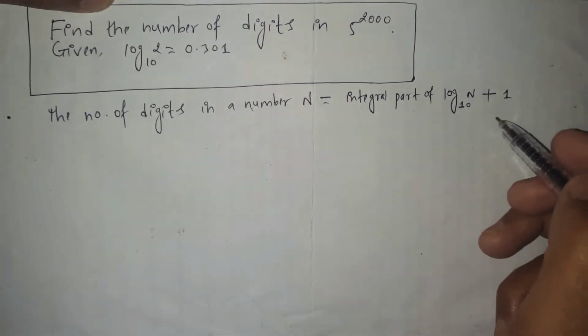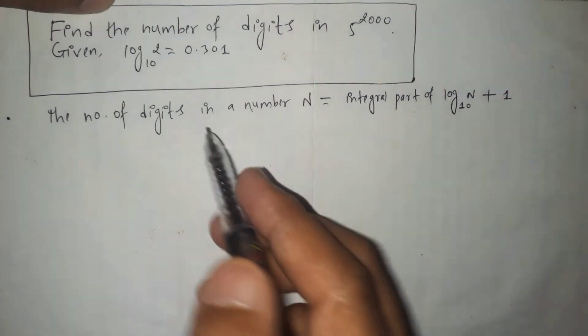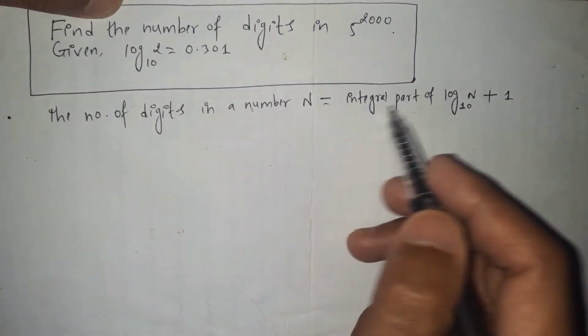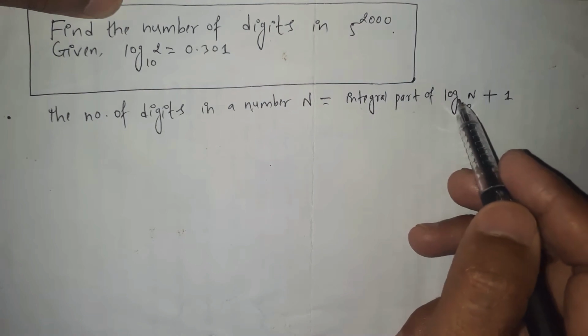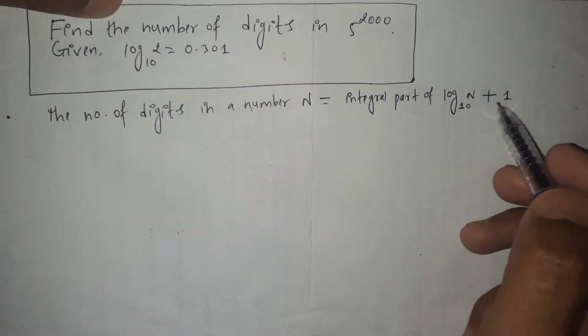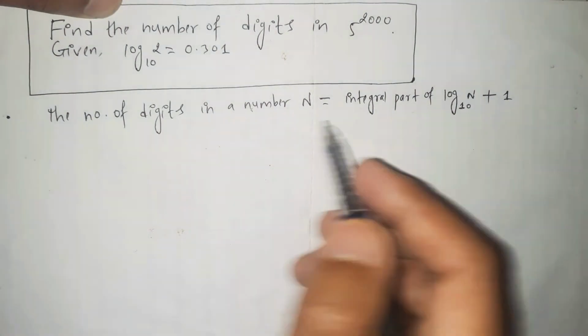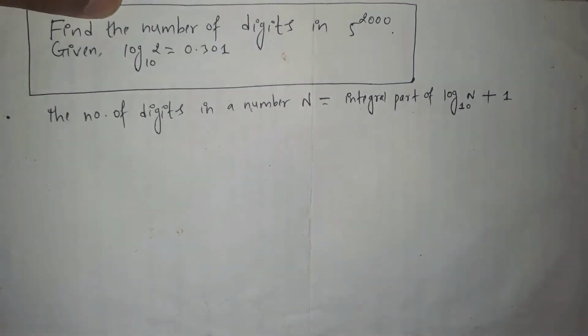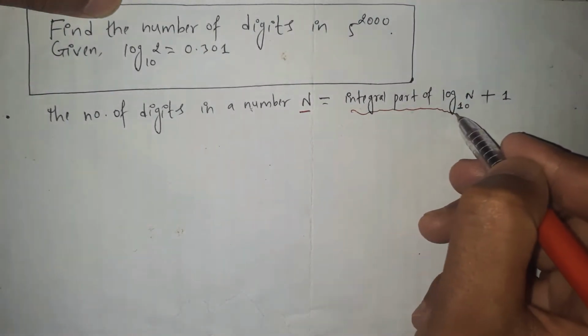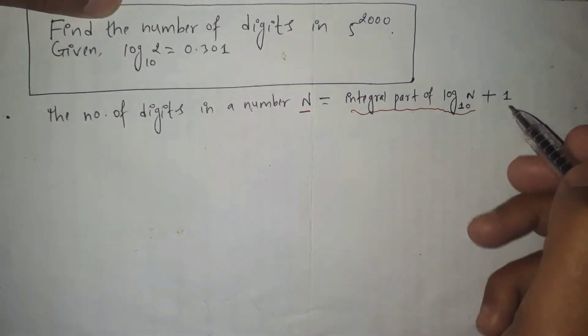We have to add extra 1. Please memorize this formula. The number of the digits in a number n is equal to the integral part of the logarithm value, where the log is taken with base 10, the common log, plus 1. This is the formula to calculate the number of the digits in any number n.